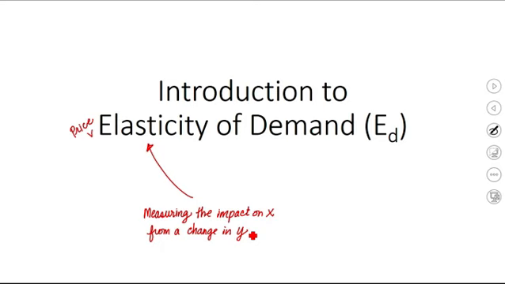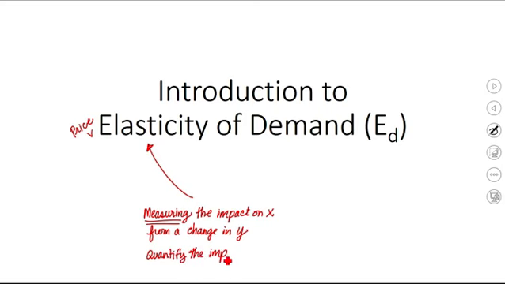So in other words, we're asking the question, when Y changes, how does that impact X? But we're literally measuring it. So we're not just saying it goes up or it goes down. We're going to quantify the impact.